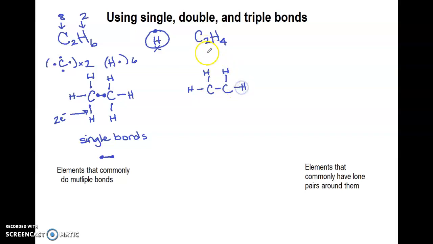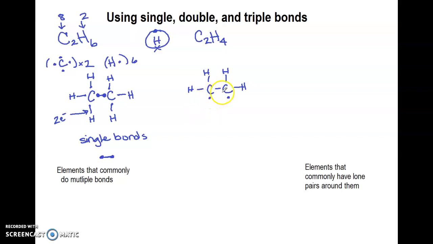So there's the chemical formula of this. But each of my carbons still has an electron that isn't being shared, and they do not have a full valence shell. This is 2, 4, 6, 7. So this carbon is closer to having a full valence shell than before, but it isn't there.